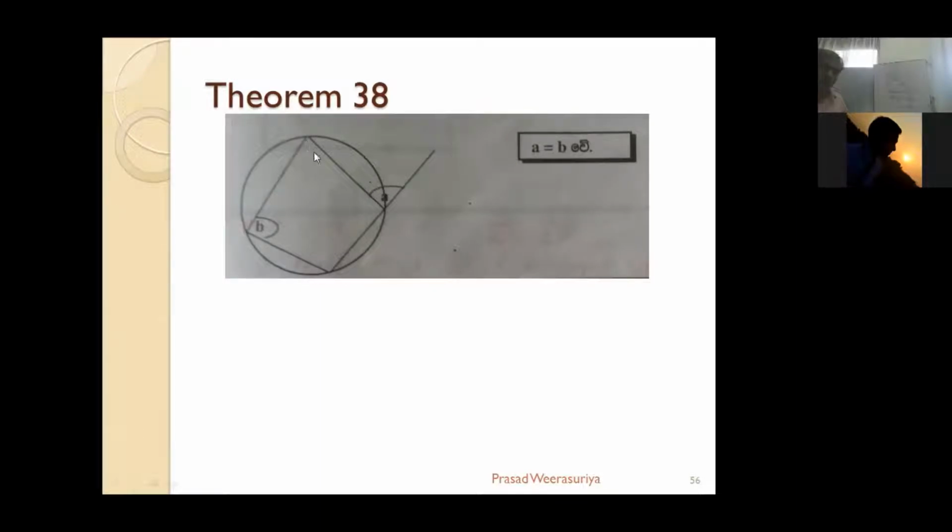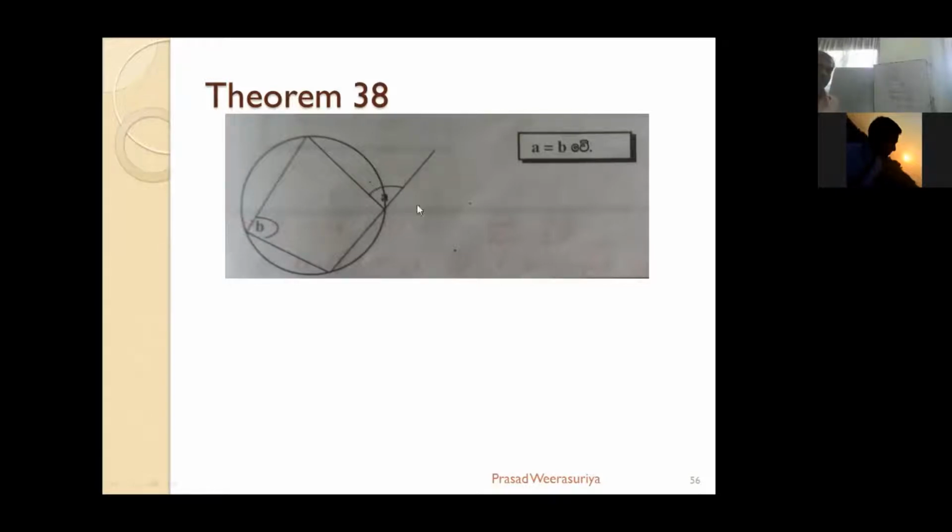When a side of a cyclic quadrilateral is produced, the exterior angle so formed is equal to the interior opposite angle. This is the interior angle of that exterior angle. Interior, but interior opposite this, right? So the exterior angle is equal to the interior opposite angle of a cyclic quadrilateral.